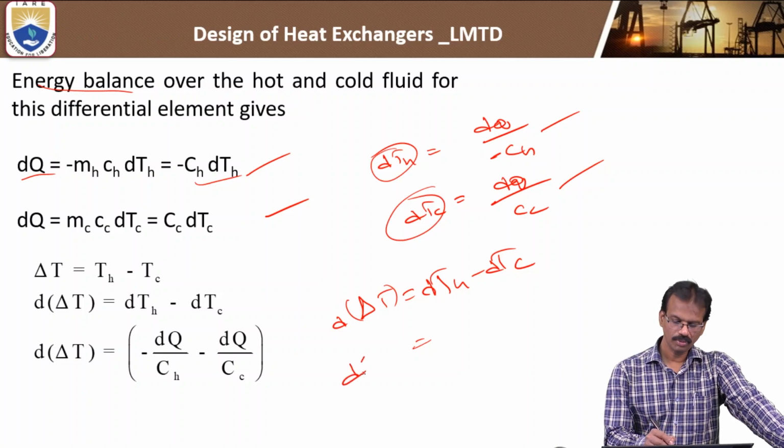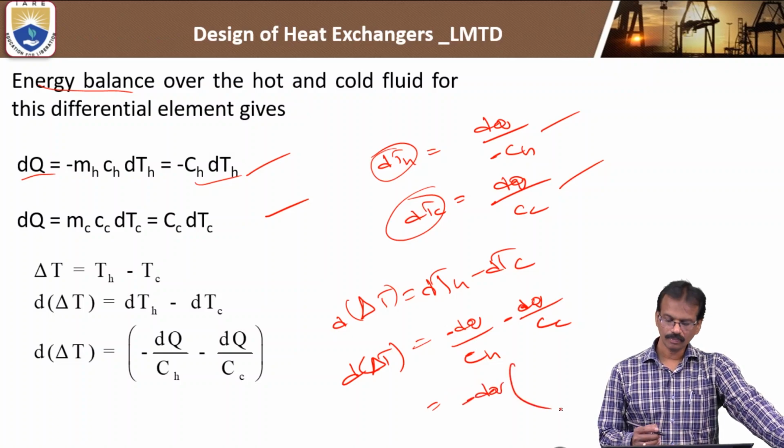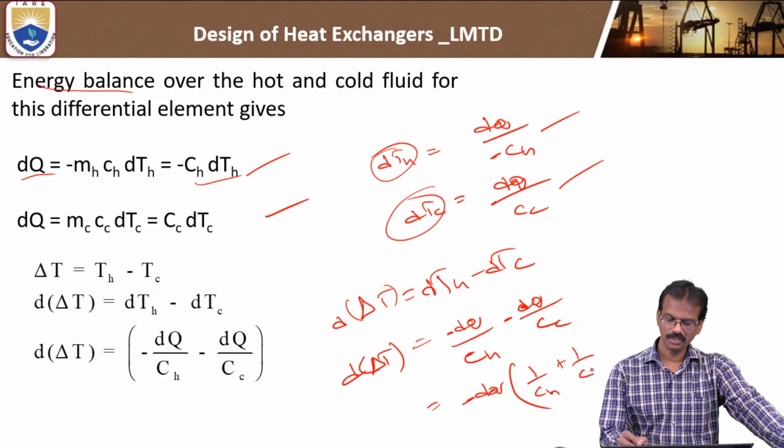Then the derivative of delta T is equal to minus dq by CH minus dq by CC. Okay, in both terms minus is there, so you can take minus dq as the common term. Then 1 by CH plus 1 by CC.